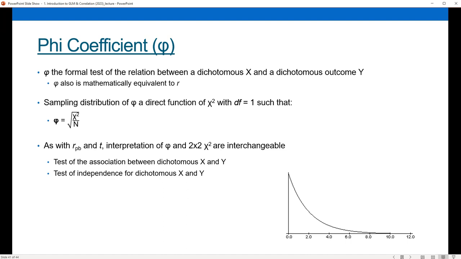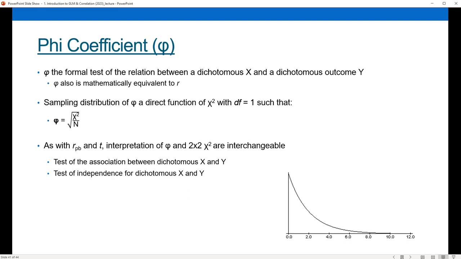So I've got a dichotomous predictor, a dichotomous outcome, and I'm looking at whether there is an association between those two. I can represent that as a chi-square test, or as a phi coefficient.